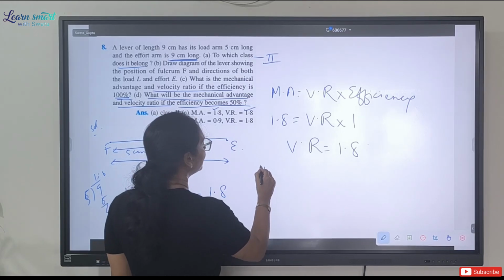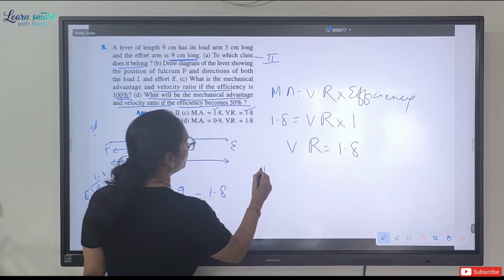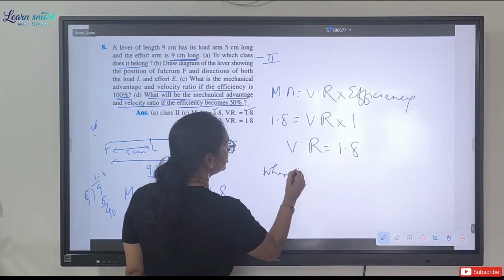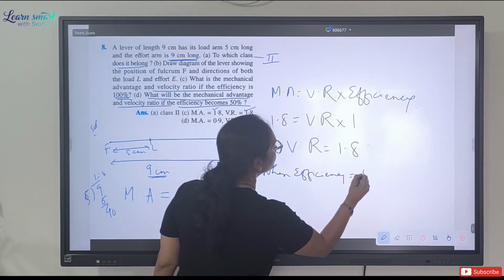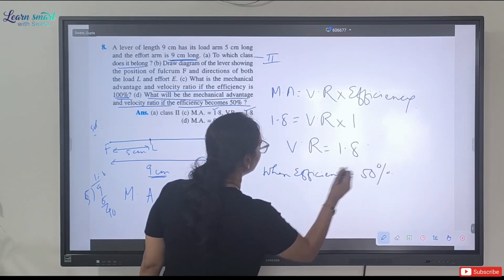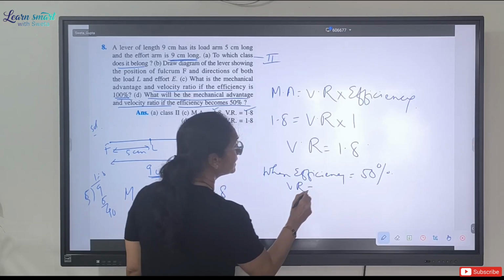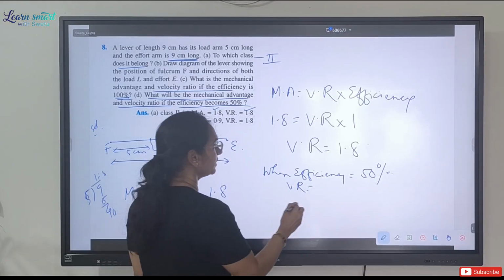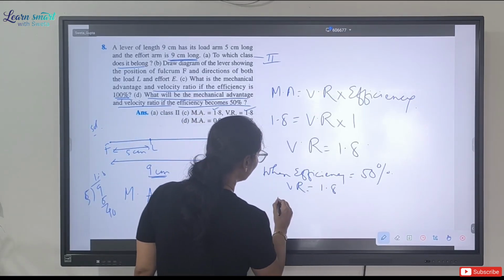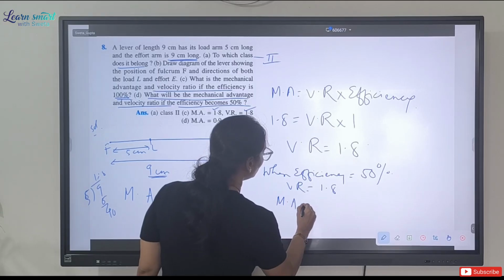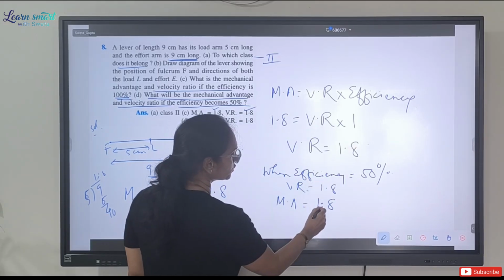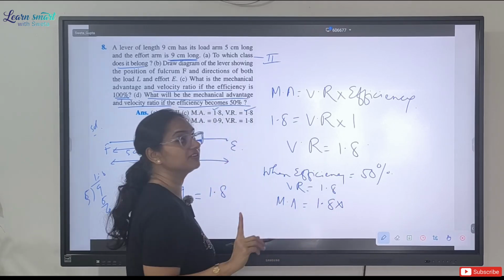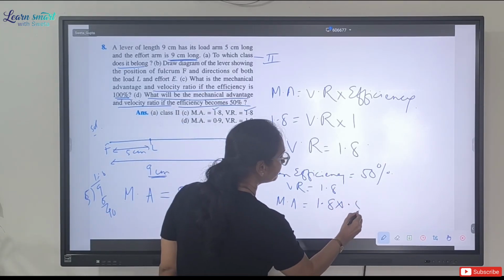So we will write that when efficiency equals 50%, then velocity ratio does not change, it remains same. So it will be 1.8, but mechanical advantage will be velocity ratio into efficiency. So 1.8 into, it is 50%, so we will take 0.5.